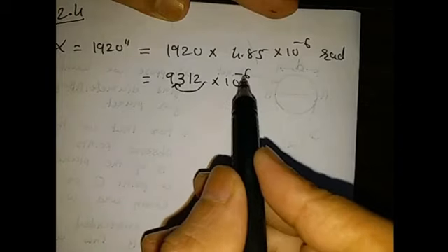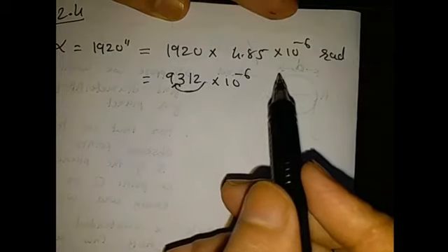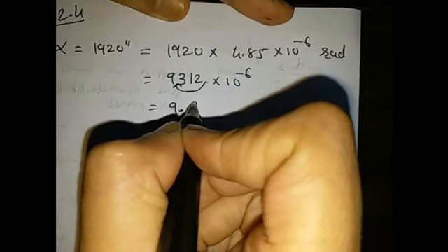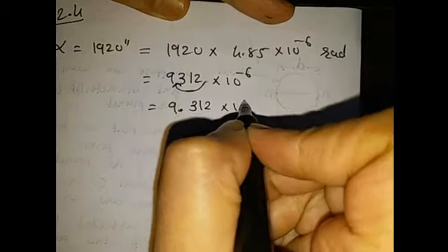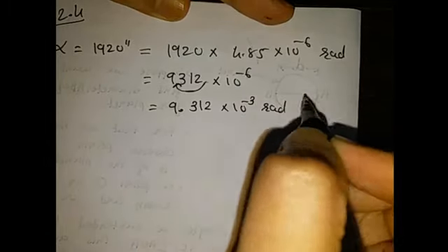So -6 + 3, -6 + 3 that will give me -3. So it gives me 9.312 into 10 to power minus 3 radian, right?